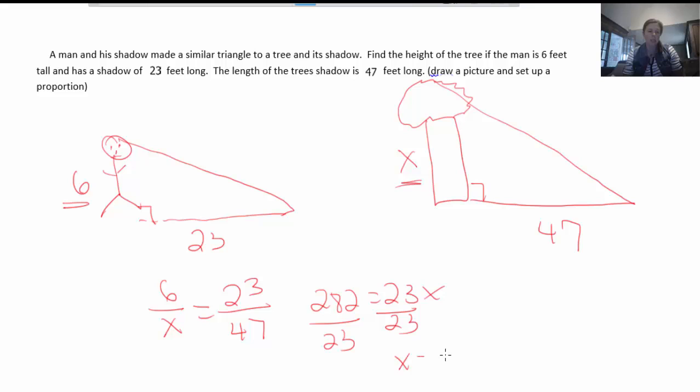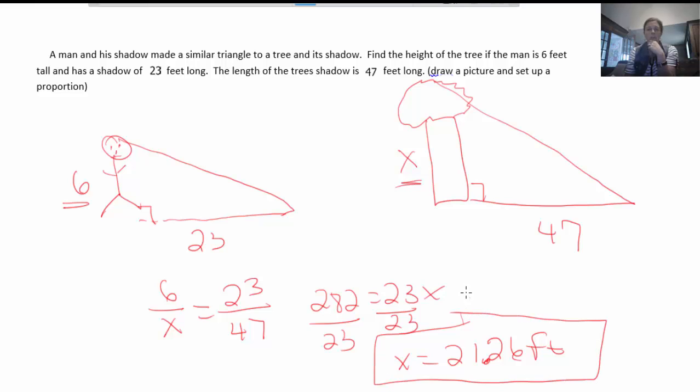So x equals 12.26, we'll just say 12 feet. So it makes sense that the tree is going to be taller, because this shadow is 23 feet and this one's 47 feet. Okay, so it doesn't matter. We could have put 6 over 23 and then x over 47 would have come up with the same thing.